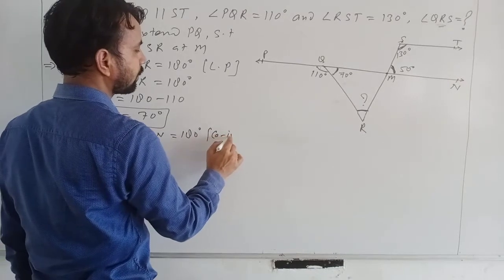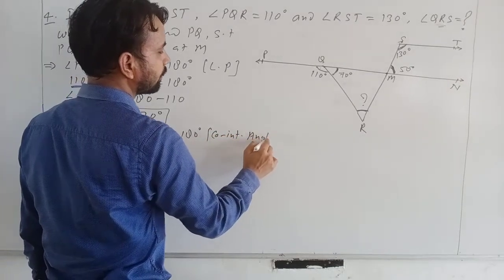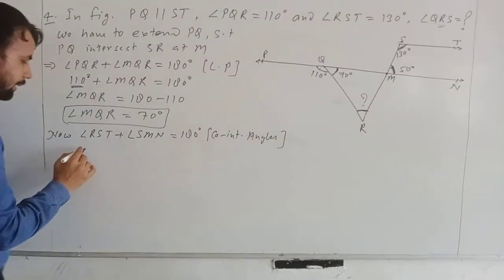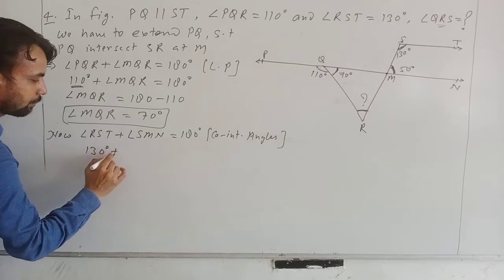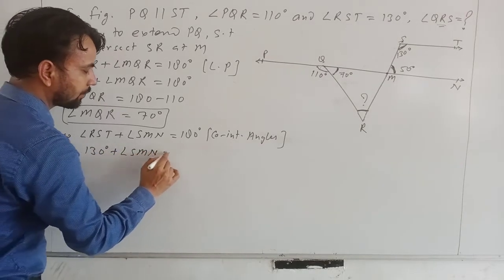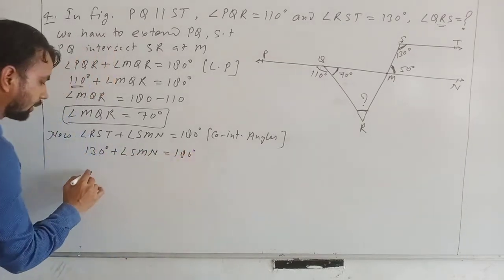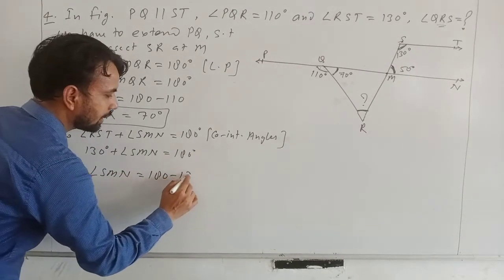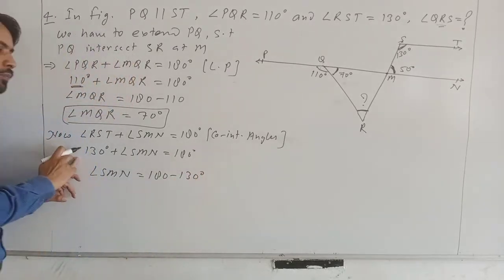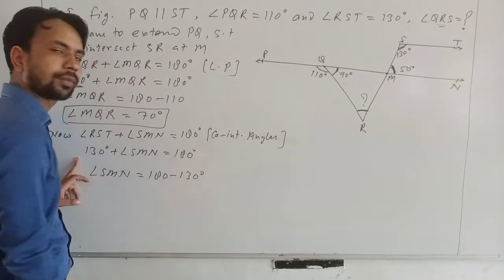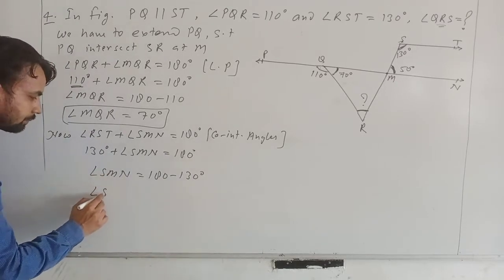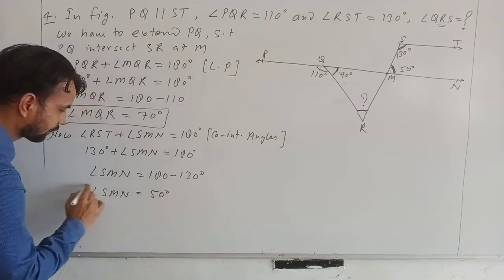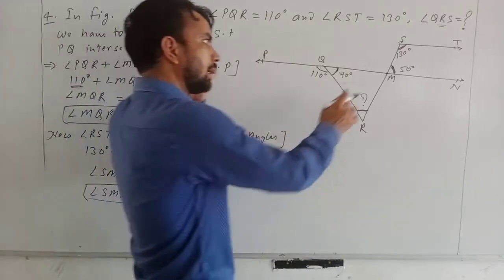Reason is co-interior angles. Then RST is given 130 degrees plus angle SMN equals 180 degrees. Now angle SMN equals 180 minus 130. Understood? Now SMN equals 50 degrees. So beta, this angle is 50.